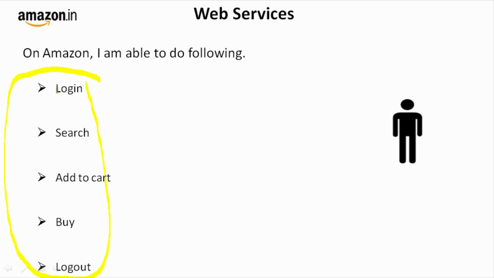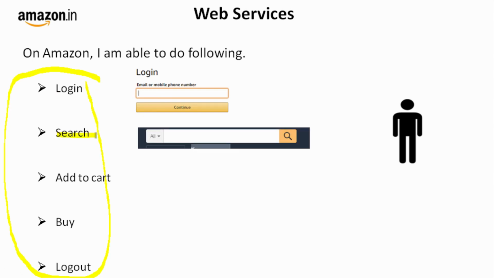You can log in to Amazon to access your account, and you can search for any of the products on Amazon. So you will be able to use this business service called search. Or if you like a product, you can add that particular product to your cart, and then maybe go ahead and buy it, and then you can log out.